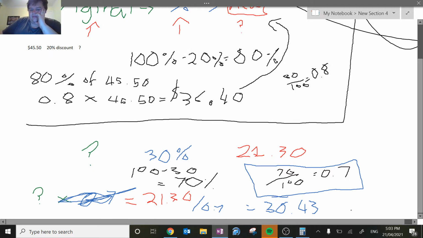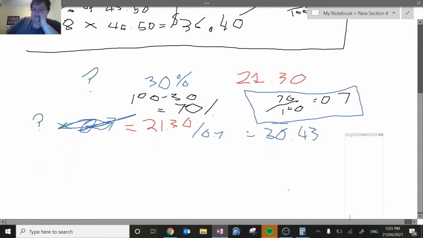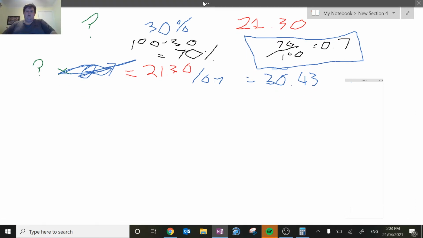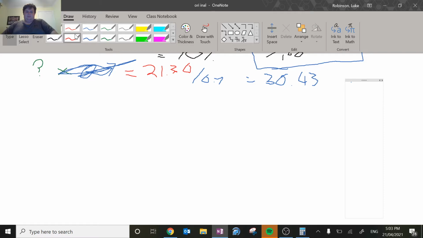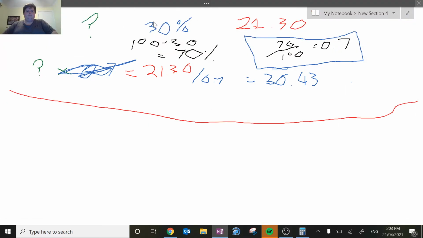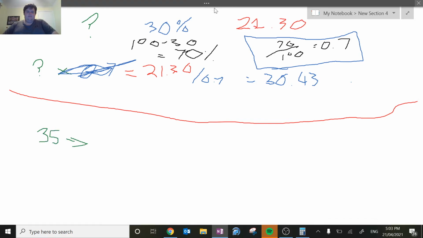Okay, let's do a third one. Let's just sweep down this a bit more, and we'll do the third scenario, which is probably the most formula-like one. All right. So what if we know our original value? Let's say it's $35. Something happens to it.